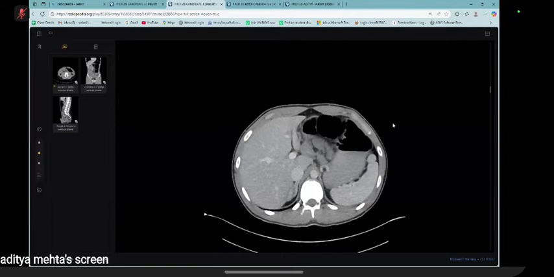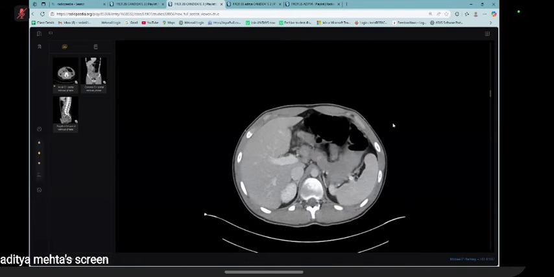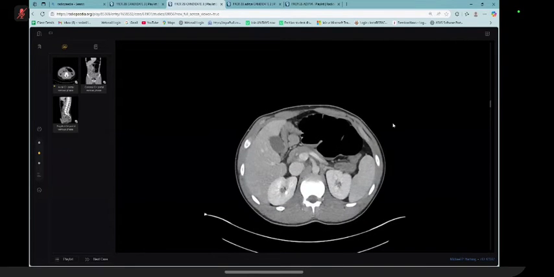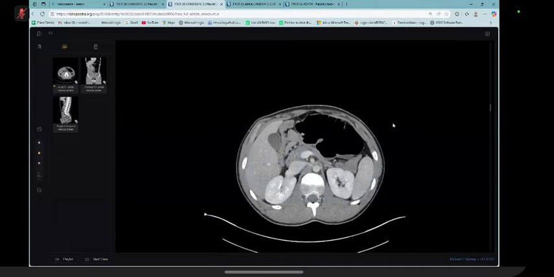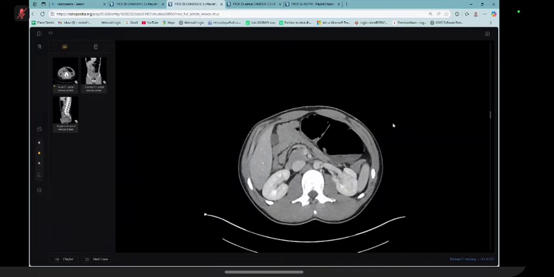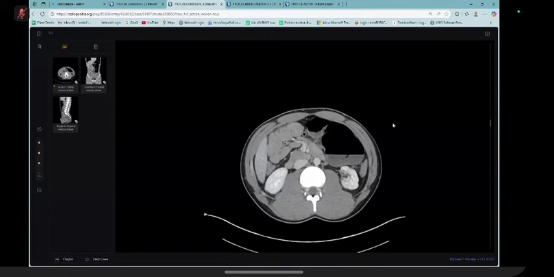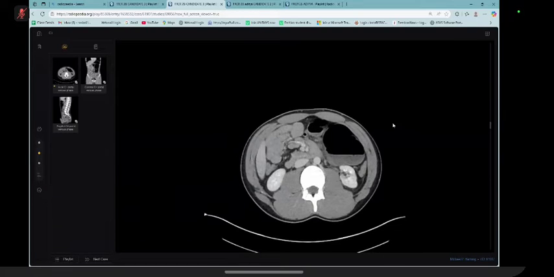This is the intestine, and all the small bowel appears collapsed, and the rest of the large bowel appears collapsed. Only this region appears to be dilated. So what's your diagnosis and how will you manage this patient?